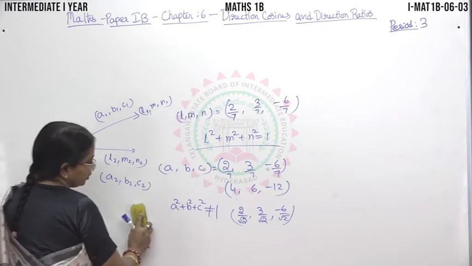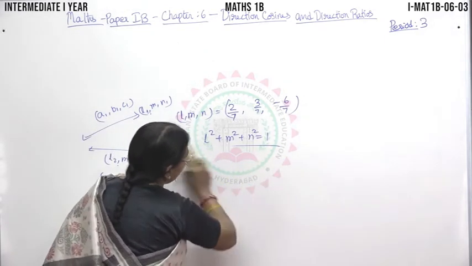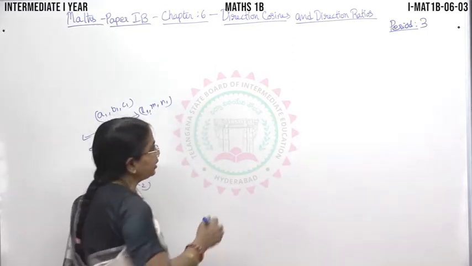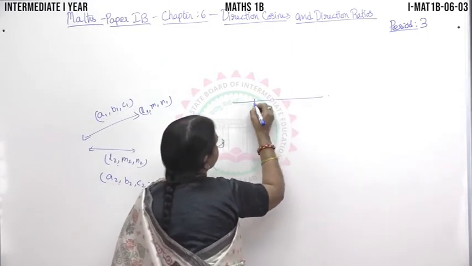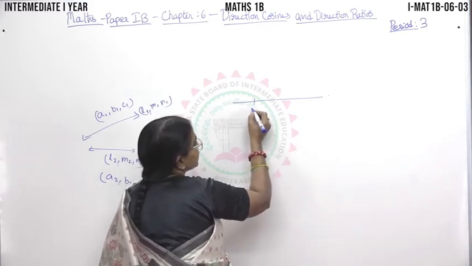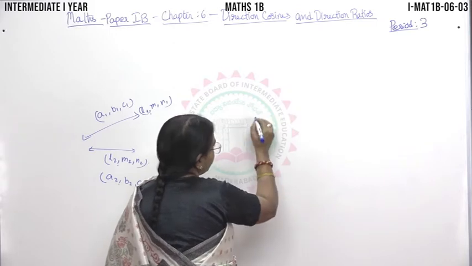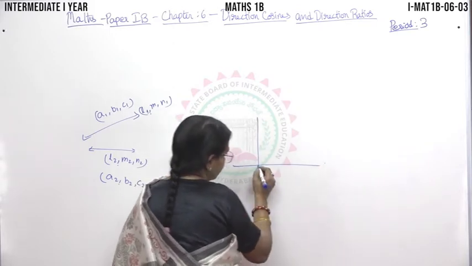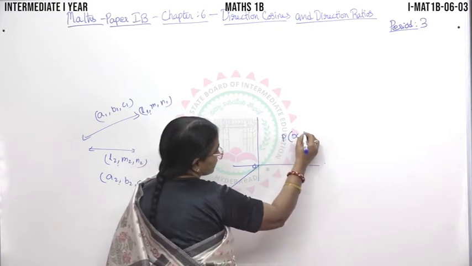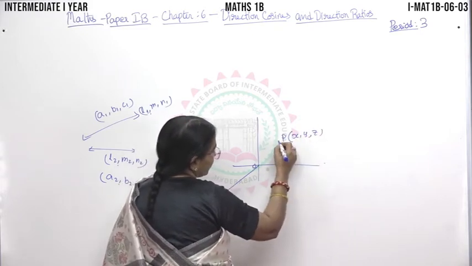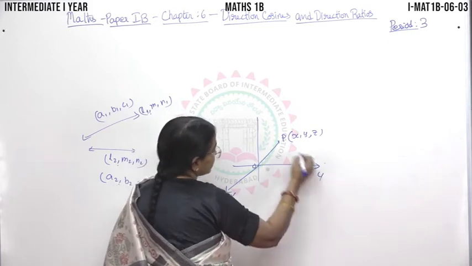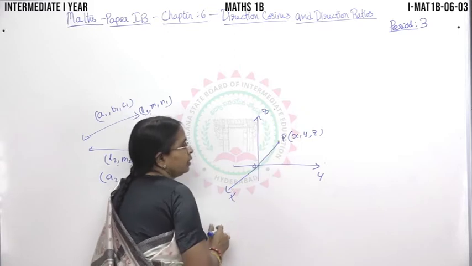Now, how to find the direction ratios of a line passing through two points? Similar to direction cosines, we'll find out. Suppose this is O and this is P, with coordinates x, y, z. Then what are the direction ratios of OP? This is the x-axis, y-axis, and z-axis.